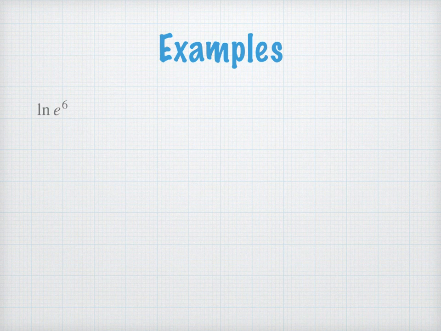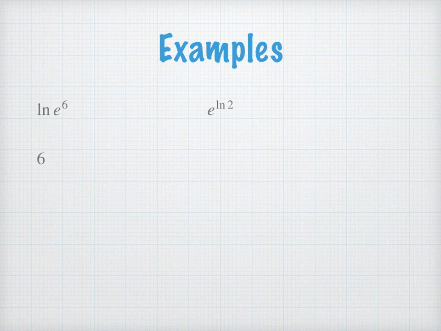What if I gave you the natural log of e raised to the 6th? Well, the natural log is base e, so this would be like one of our rules, and we'd have just 6. What about e raised to the natural log of 2?